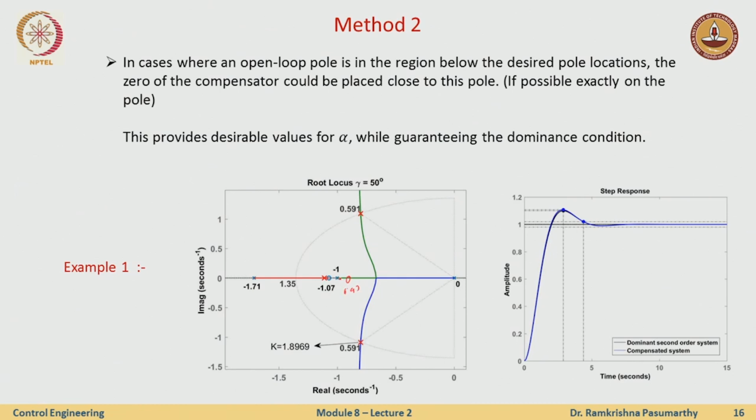If I place it at 0.93, this pole, according to the root locus condition, will move towards the right, and I do not want anybody to move to the right. To ensure dominance of these two poles, I want them to go to the left. But this is a very restricted condition, only for the case where an open loop pole is placed just in the vicinity, just below this dominant closed loop pole.